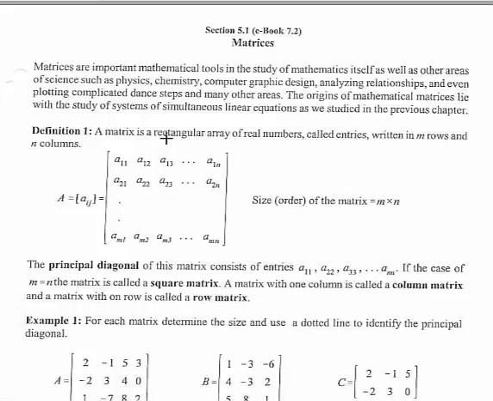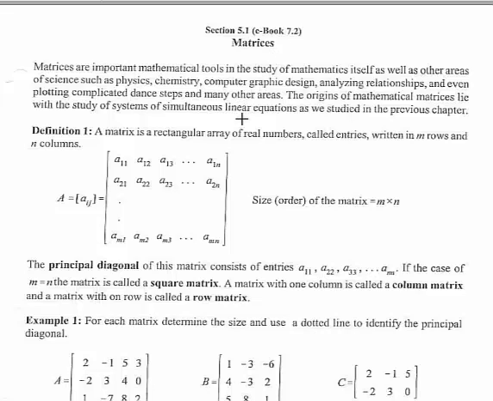Okay, so with this video, we're starting a new chapter, but ultimately it is related to the previous chapter, the systems of equations. In this first section, we're being introduced to what's called a matrix.